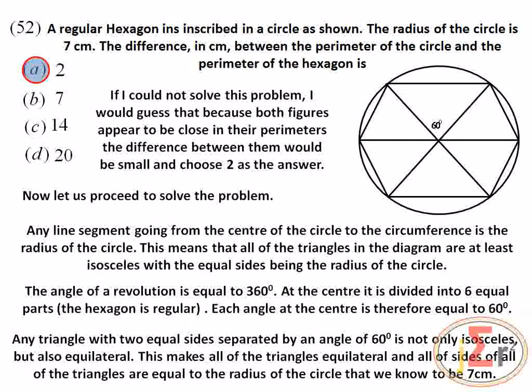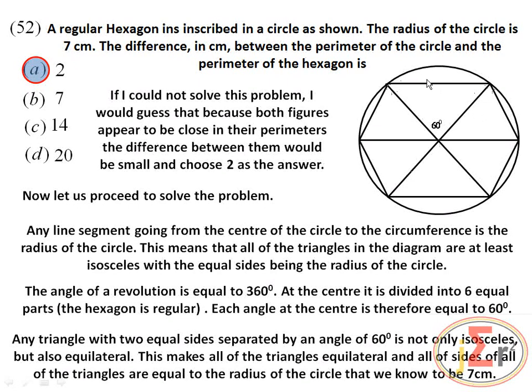Right. So the triangles are isosceles. Further, because this angle here is 60 degrees, then the triangles are also equilateral. That means all of the sides are equal. So if this is 7, this is 7, the triangle being equilateral, this must also be 7.